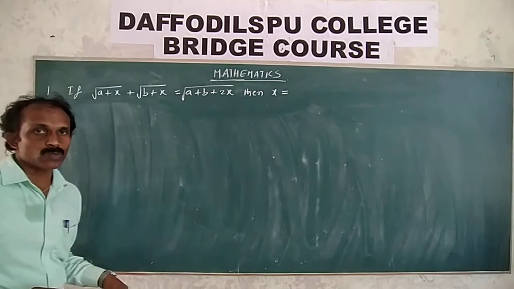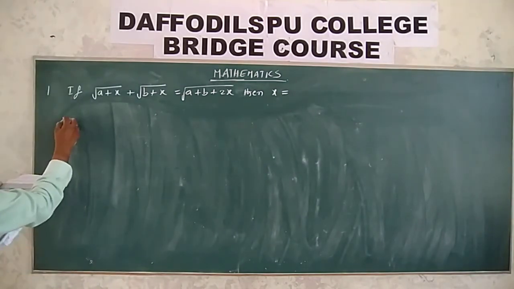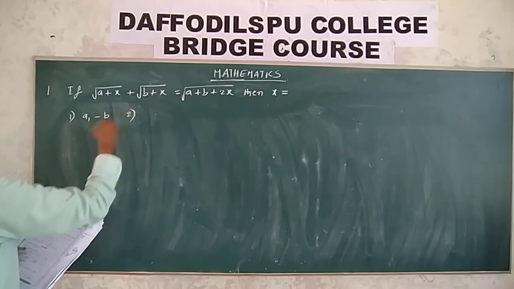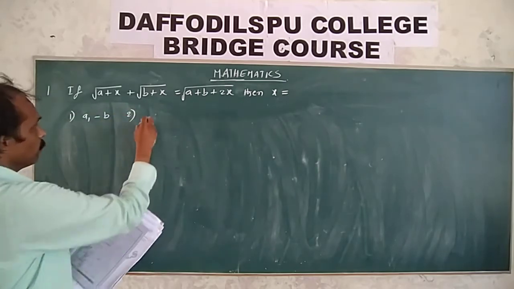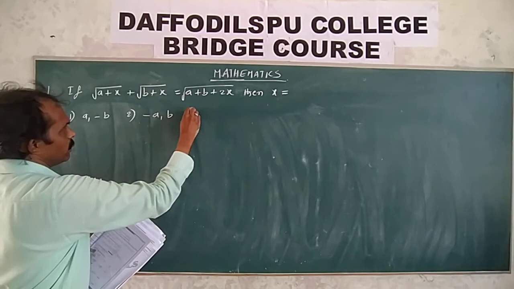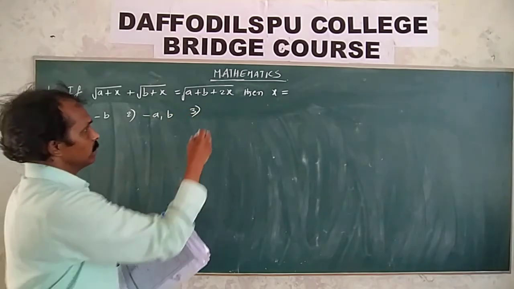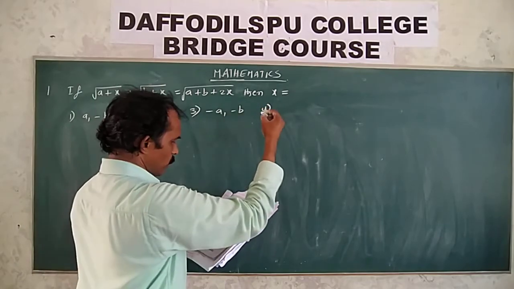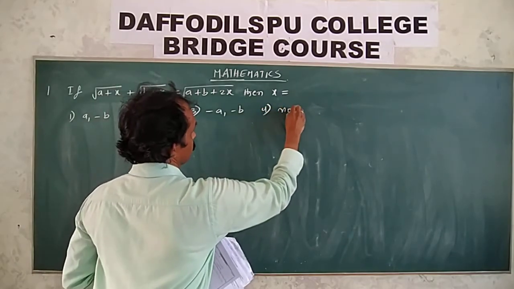Then x is equal to: option 1 a comma minus b, option 2 minus a comma b, option 3 minus a comma minus b, option 4 none.